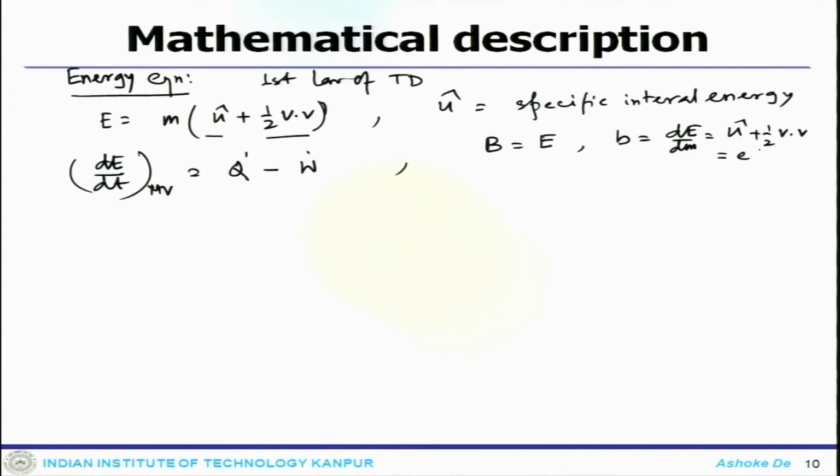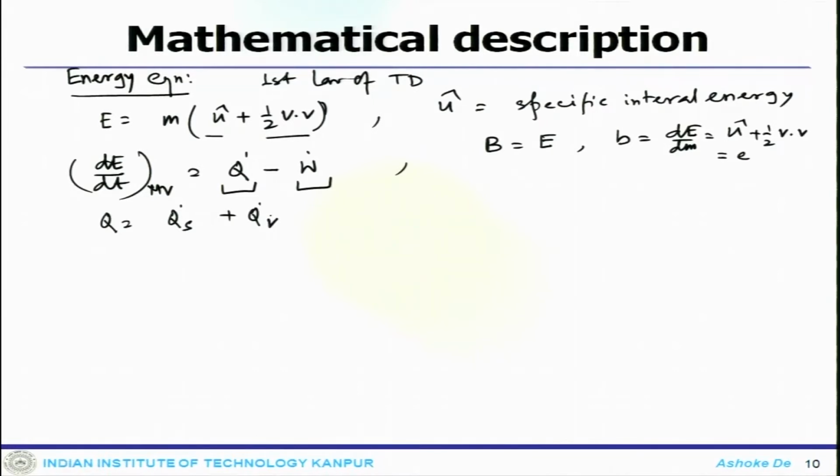Okay. Now, this is the heat transferred and this is the work done. So, this is following the general sign convention. Now, Q will have two components. Q has one surface component plus one volume component.